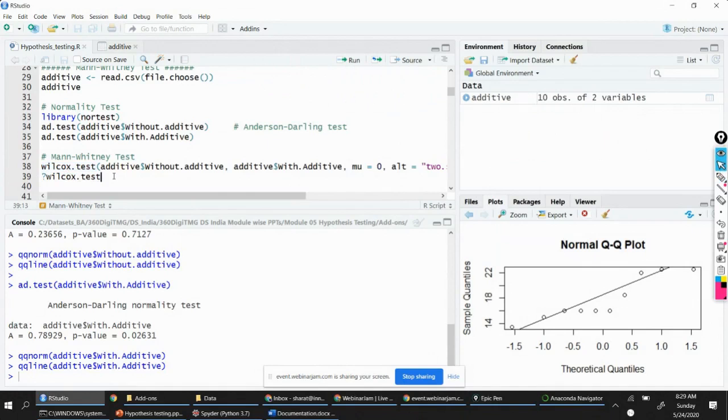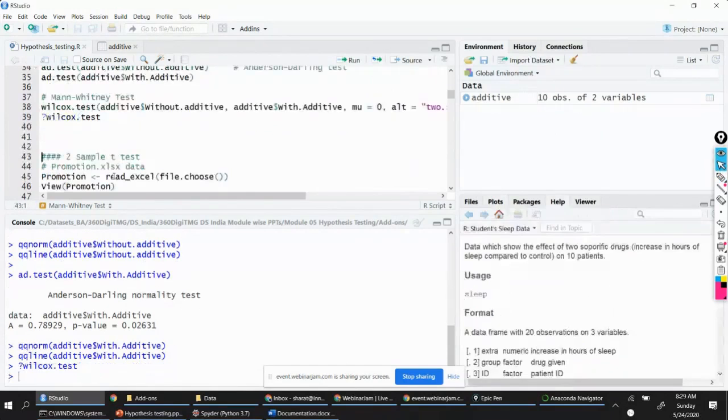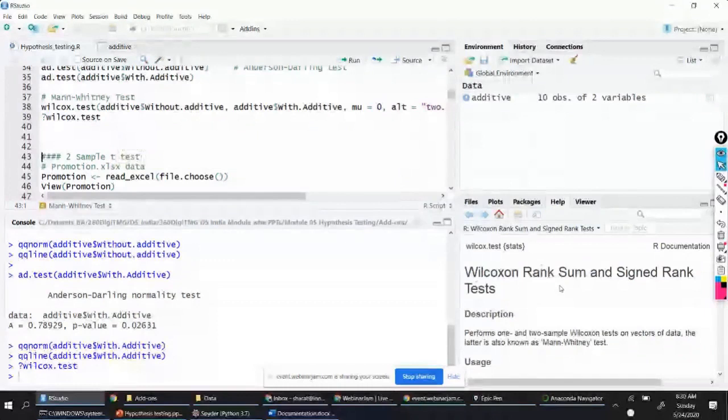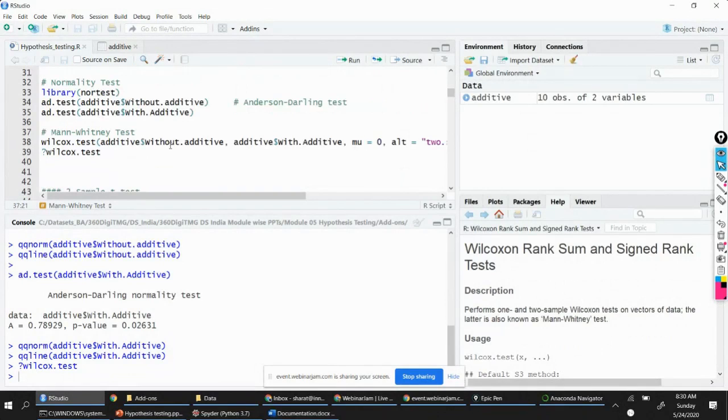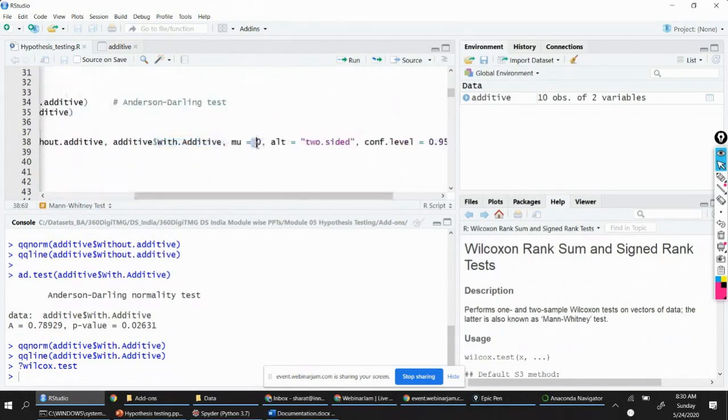And Wilcox test, if you do question mark of Wilcox, it says Wilcoxon rank sum and signed rank test. Performs one and two sample Wilcoxon tests on vectors of data. The latter is also known as Mann-Whitney test. So I'm saying sample 1, which is without additive, with additive. I'm not taking mean, I'm taking median, and this mu basically means whether the difference is equal to 0 or not.